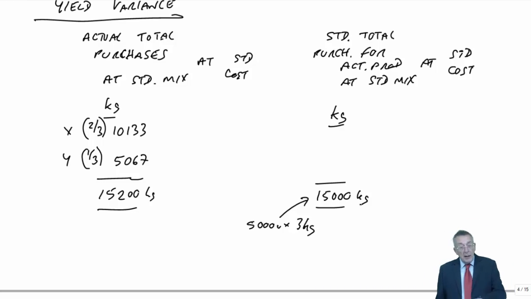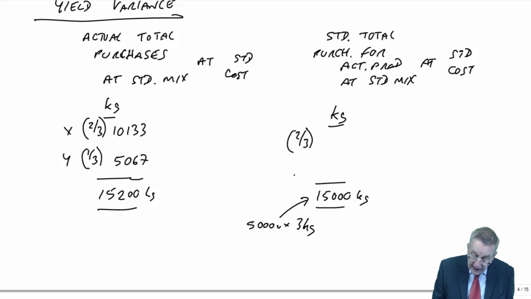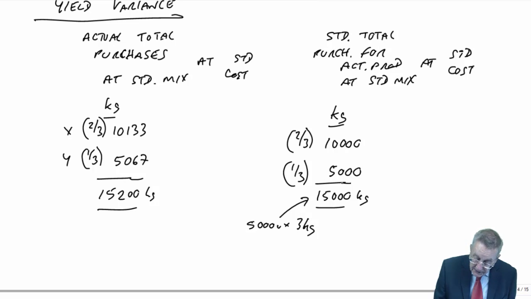So immediately we know we have an adverse variance here. We've used more in total than we should have done. We used 15.2, it should have been 15. And of course, had it been mixed in the right way, 2/3 would have been X, 1/3 Y. It should have been 10,000 X's and 5,000 Y's.